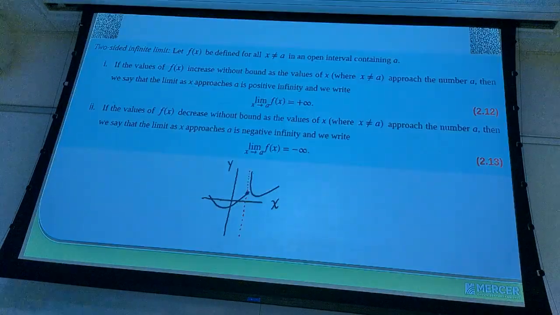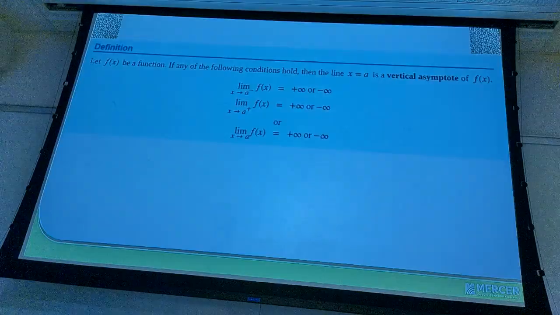How common is that from the pre-calculus functions? Not common. But there are functions that exist that can do that. A piecewise function is the easiest one to come up with. But you're at least familiar with the notion of a vertical asymptote. That's the formal definition.